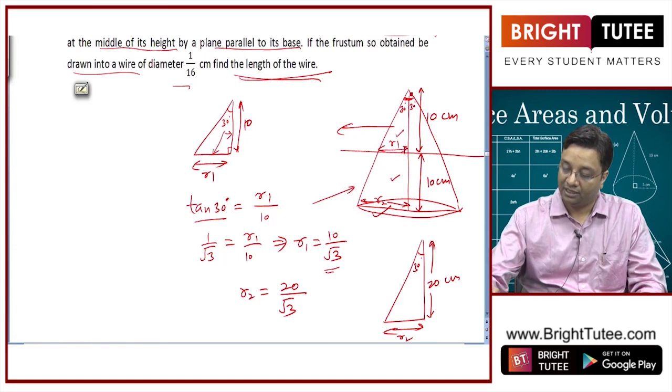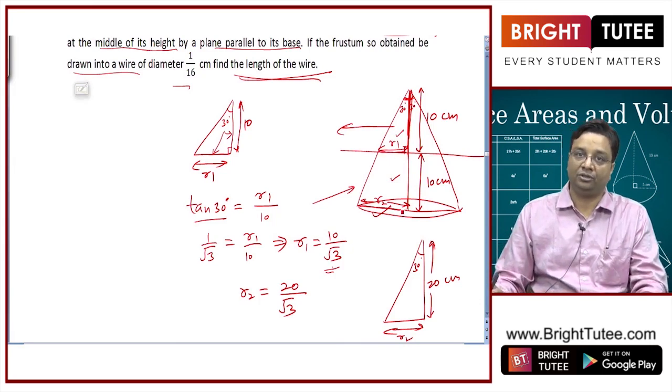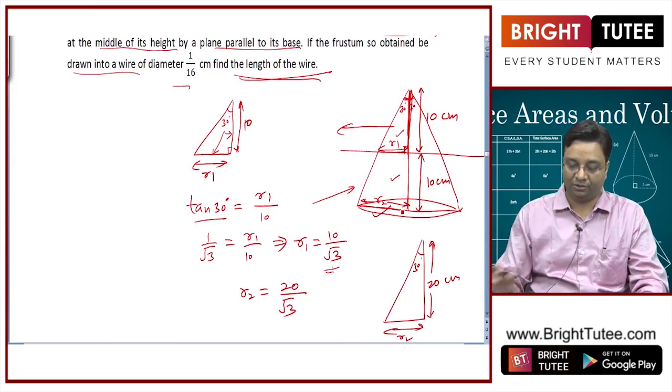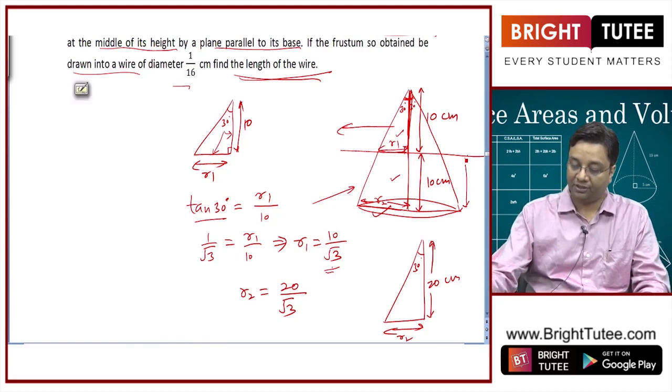Why? Because you can compare the heights. This height is 10 and this bigger height is 20. So this radius is 10 by root 3 and this will be 20 by root 3 by the concept of similarity that we used in previous questions. Okay, so we have got radii and we have got the height of this frustum.